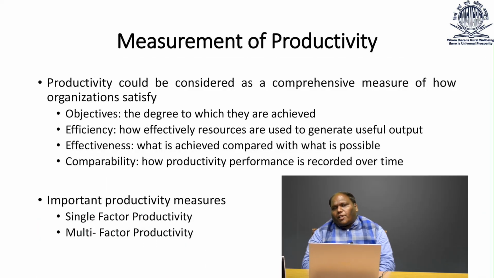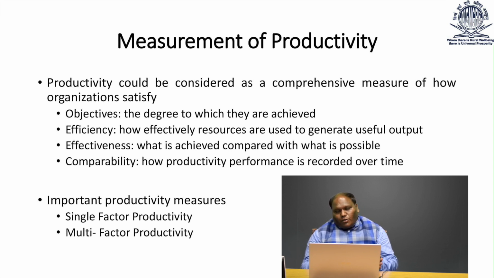And next we are going to talk about measuring productivity. How to measure productivity? Is there any means to measure productivity? The concept of productivity is basically linked with the quality of output and input, and of course the process itself.